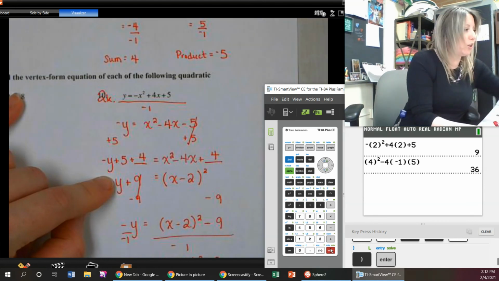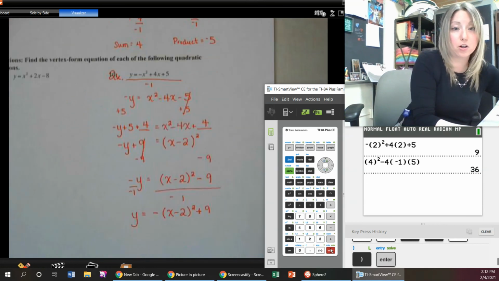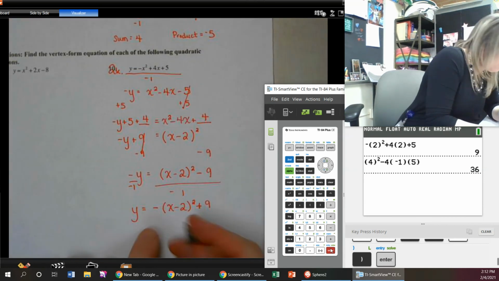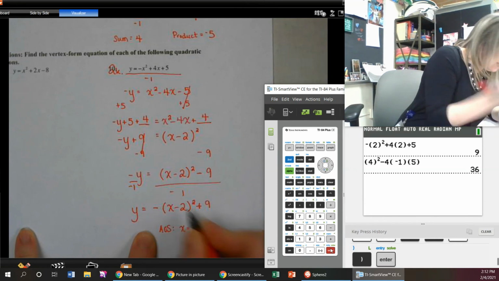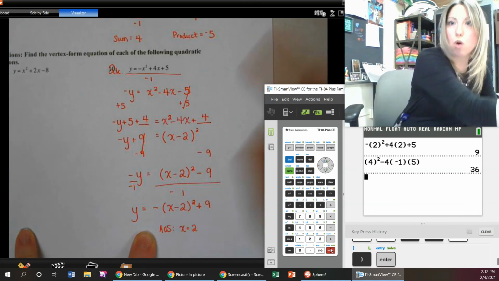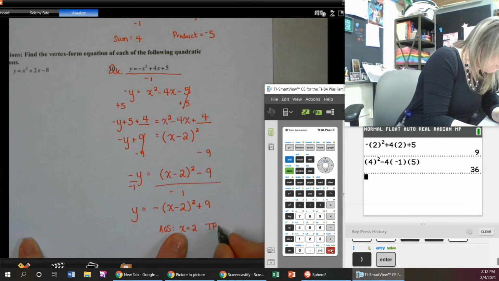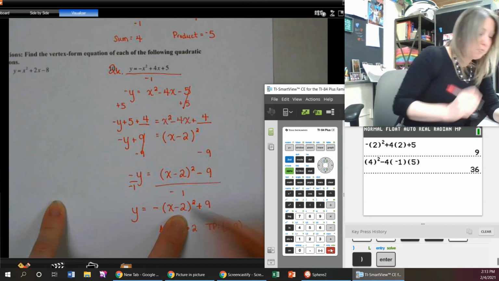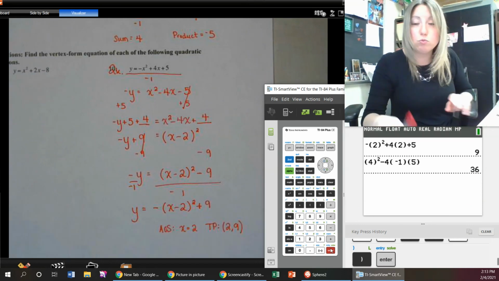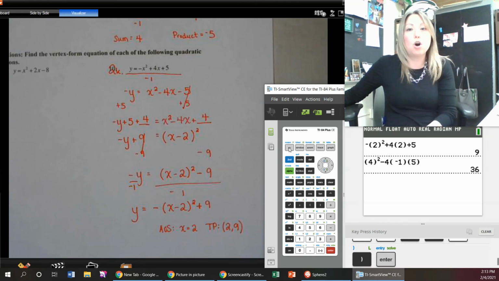And then just real quick to remind you that this is vertex form of that function. The axis of symmetry is, of course, x equals the opposite sign of what's inside the parentheses. And then the turning point or vertex is the opposite sign of what's inside the parentheses, the correct sign of what's outside the parentheses. And if you don't believe me that that vertex form is correct, go to your y equals.